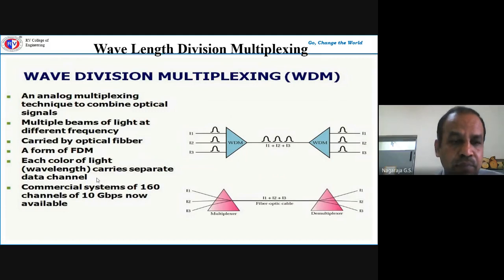Commercial systems of 160 channels of 10 gigabits per second are now available. So in that sense, users can always think about their services accordingly. They can select what the requirement is, then design and deploy such things at the source and the destination side.